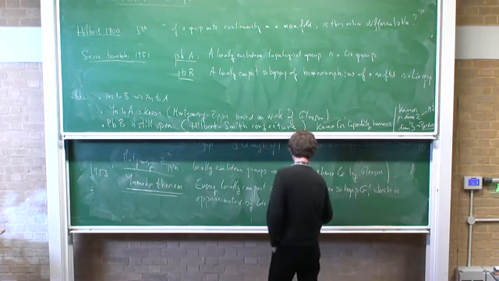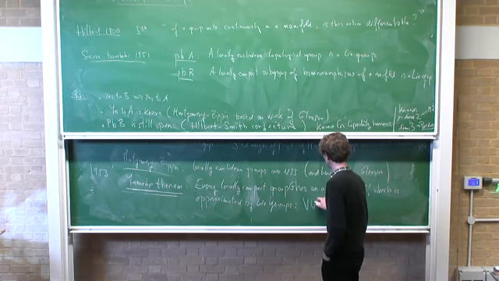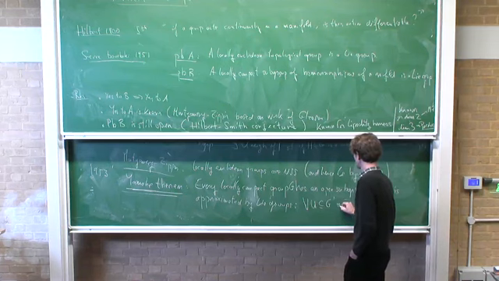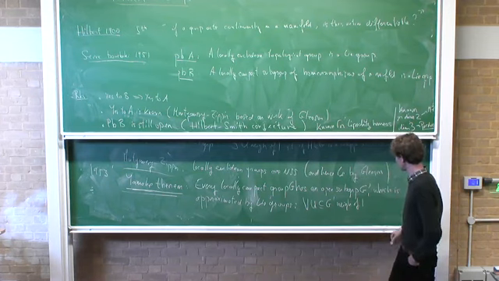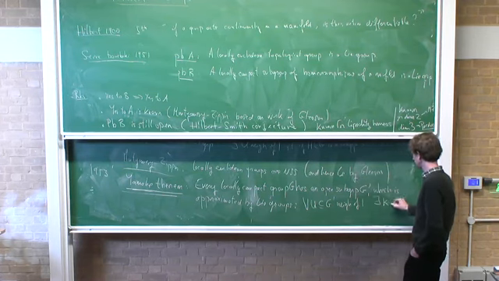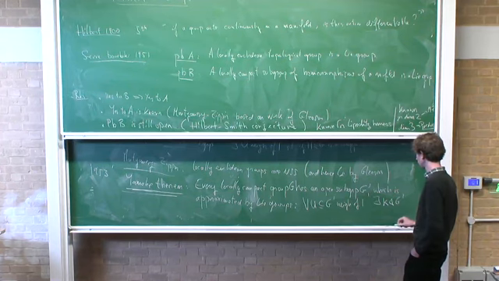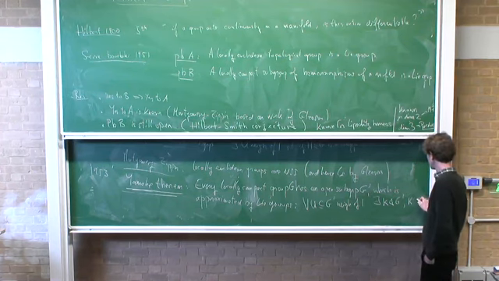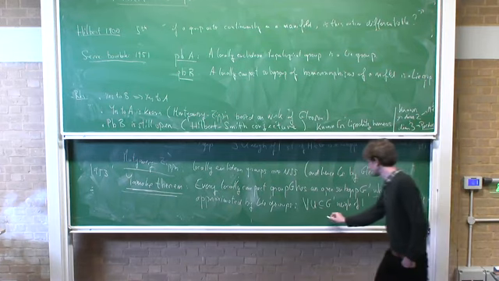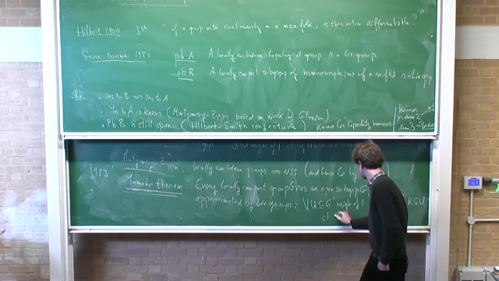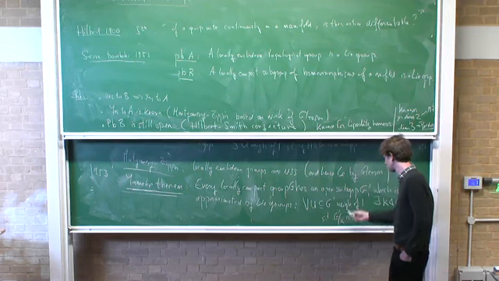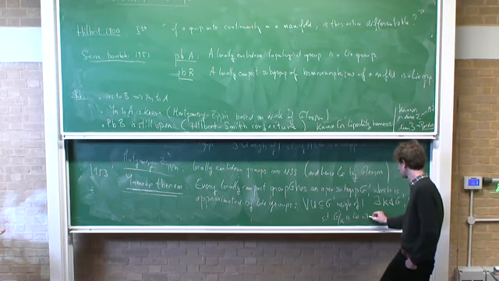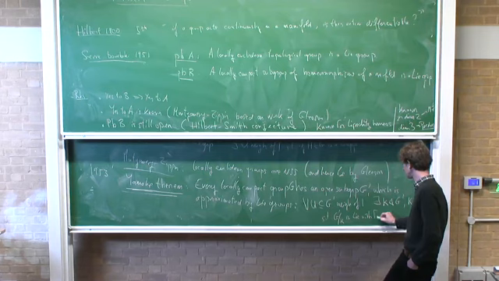Now, what does this mean? It means that for every neighborhood U of the identity, there exists a normal subgroup A of G prime contained in U, such that G prime mod A is Lie and has finitely many connected components.